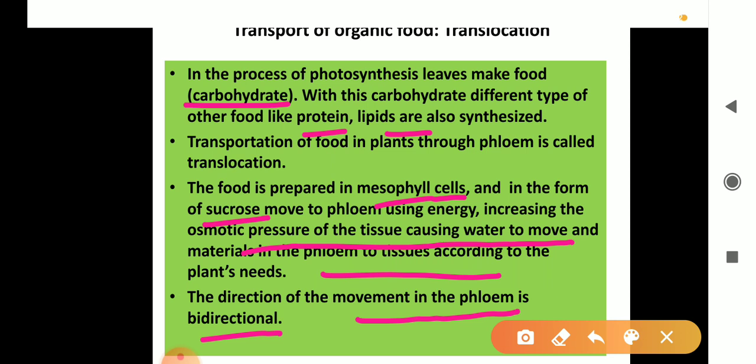At that time it requires a lot of energy, and the food is transported from the storage organ upward, to the particular point where the sprouting will take place. Then we can say it is a bidirectional flow.